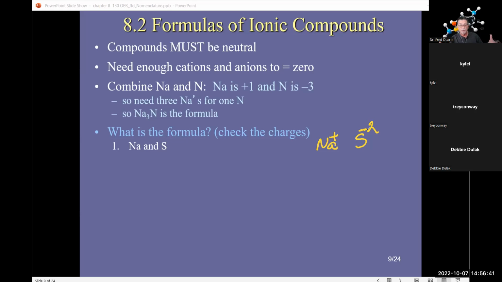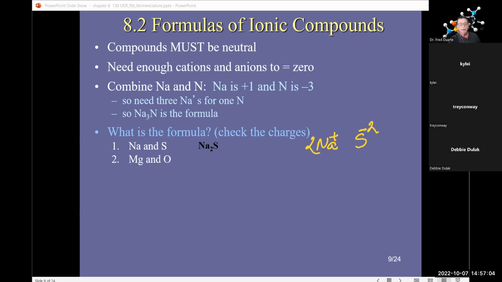Furthermore, its name now went from sulfur to sulfide. So here we need 2 sodiums for every sulfide. So its formula is Na subscript 2 S, and the name is sodium sulfide.